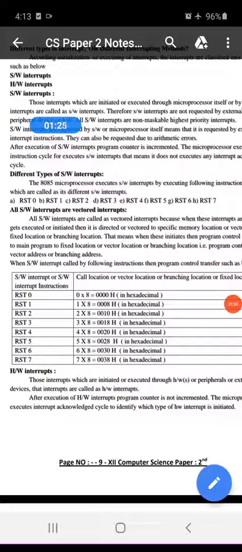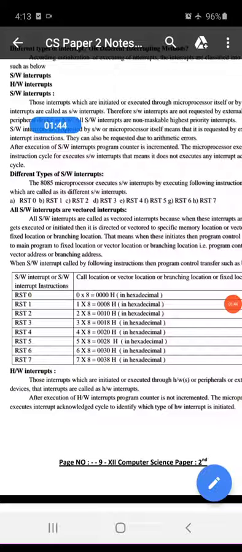All these software interrupts from RST0 to RST7 are vector interrupts. Vector means there is a certain memory location where the code is put from which the next instruction is to be executed.